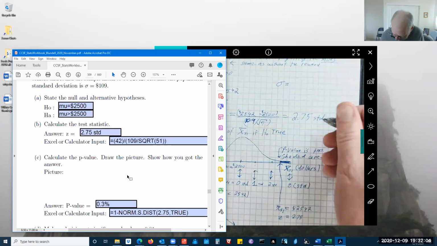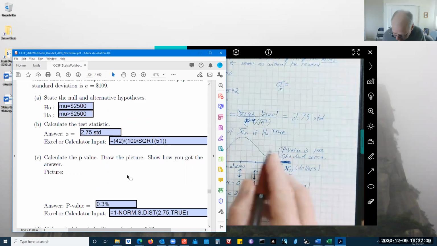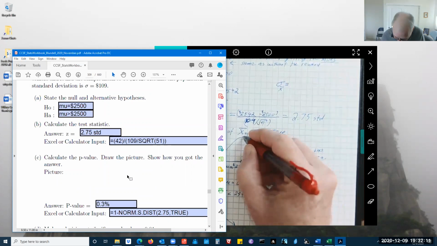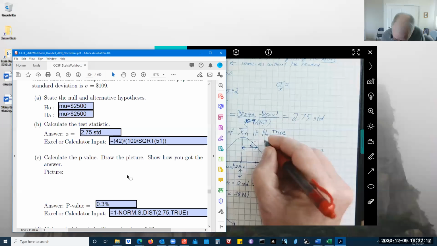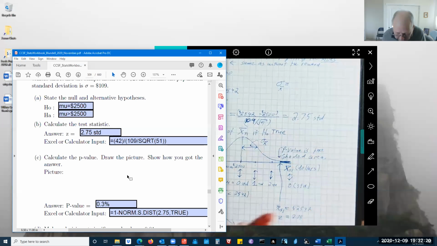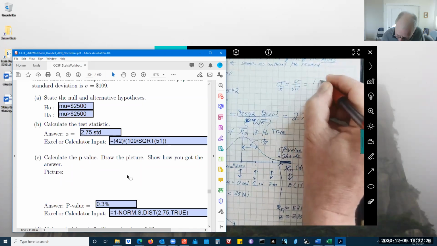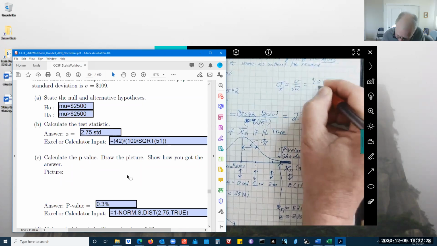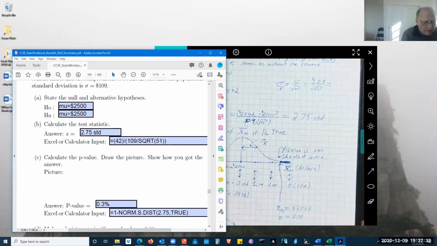And so let's see. Standard deviation of this curve. This distance right here. How much is that? It's $109 divided by the square root of 51. So let's see.